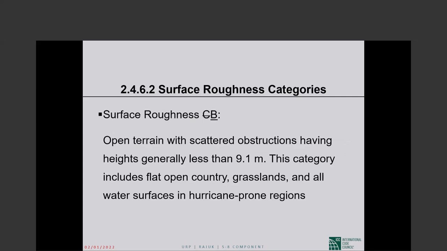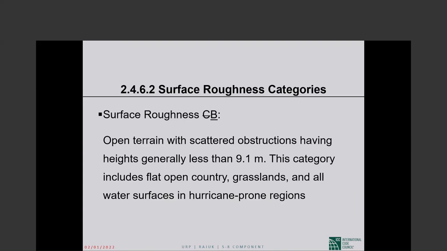B is open terrain with scattered obstructions having heights generally less than 9.1 meters, that would be 30 feet. This category includes flat open country, grasslands, and all water surfaces in hurricane-prone regions. Okay, so B is flat open country.